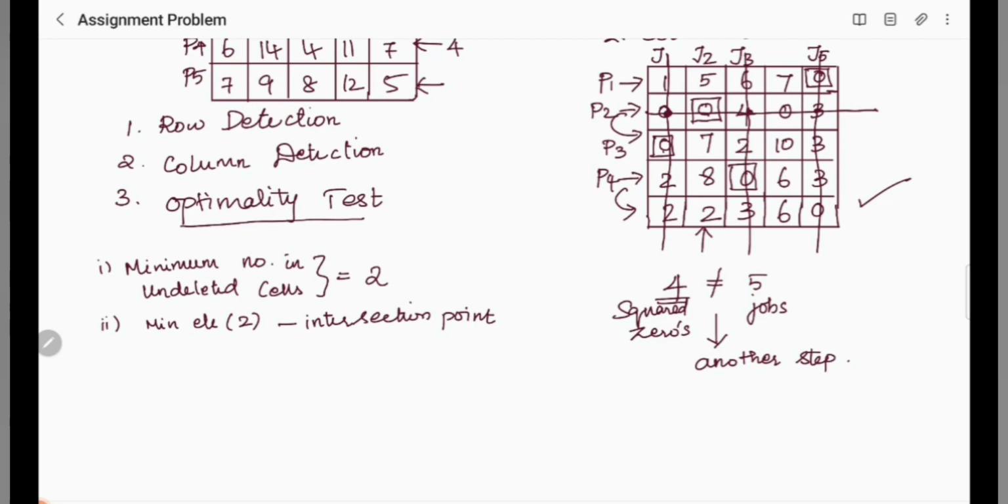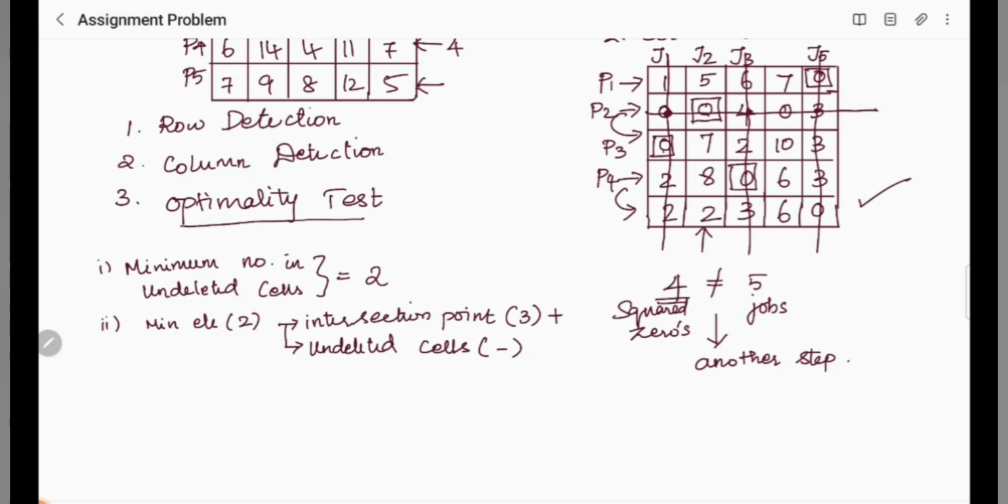You have to add this minimum element 2 at those intersection points, and this minimum element 2 should be subtracted from the undeleted cells. That is, the undeleted cells 5, 7, 8, 2, 6, 6, 10, 7. So from these undeleted cells you have to subtract 2.